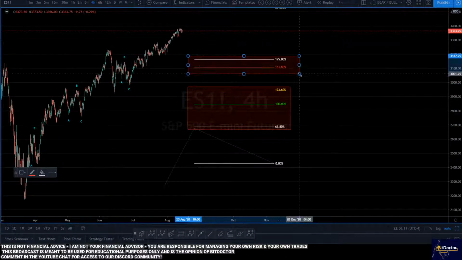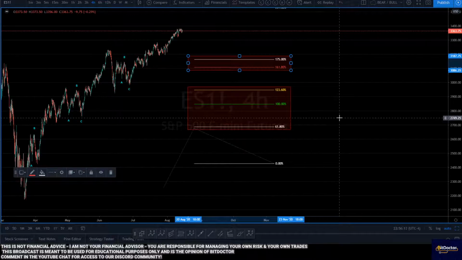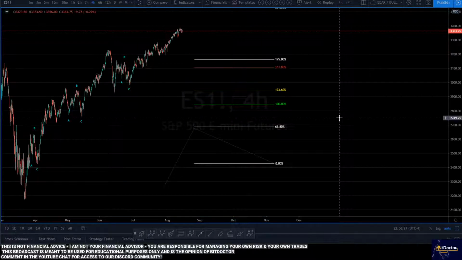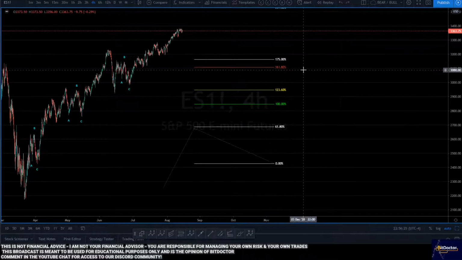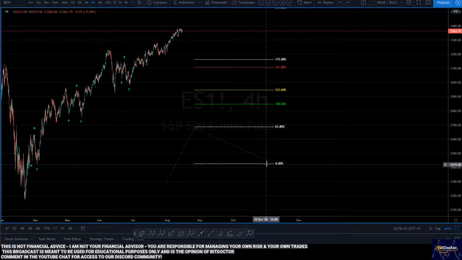This right here, the 1618 to the 175, these are targets for an impulse, for a wave 3. All right, so just to put that out there, and it can be as simple as that. Is it a correction or is it an impulse? And that is going to be a very good indication of where the market is going to go.